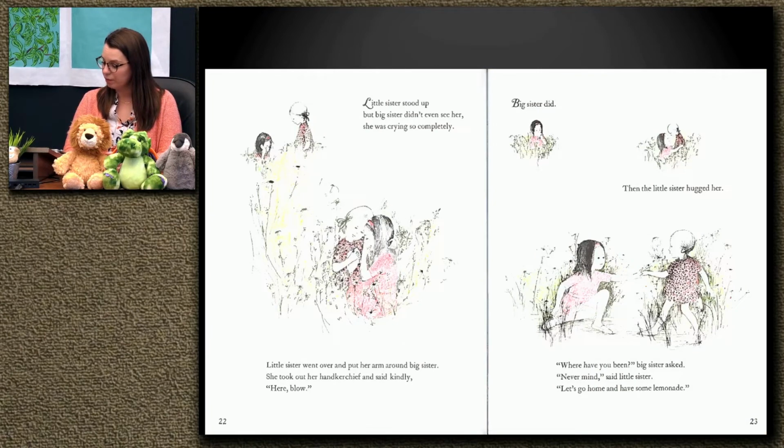Little sister stood up, but Big Sister didn't even see her. She was crying so completely. Little sister went over and put her arm around Big Sister. She took out her handkerchief and said kindly, "Here, blow." Big Sister did. Then the little sister hugged her.